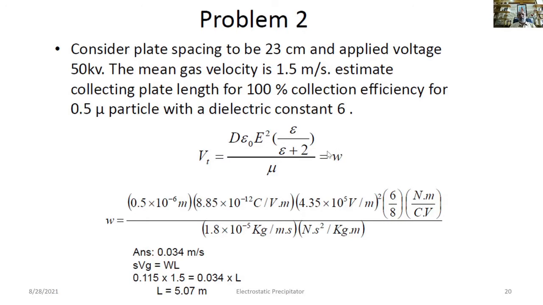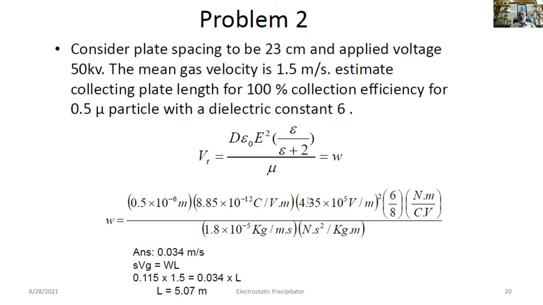In this problem, based on the given data, we have worked out the drift velocity, very similar to problem number 1, as 0.034 meter per second.